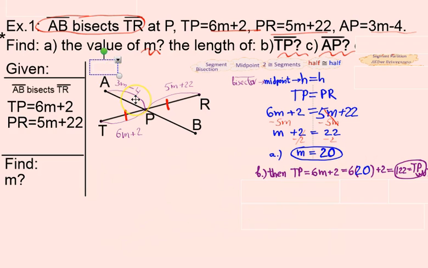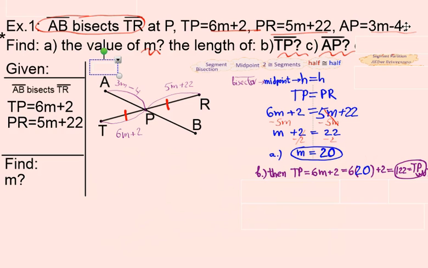Please notice, before this moment, the length of AP was completely irrelevant since it wasn't even a part of segment TR. The only reason we would even look at AP is if they asked us about this length, or maybe asked us about the length of any other part on segment AB. So in that case, you will need this additional piece of information.